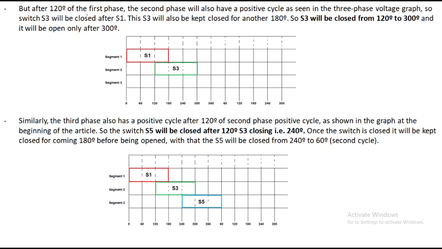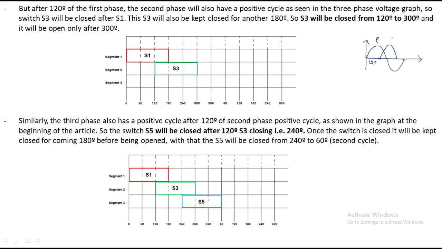Next, after 120 degrees of the first phase, the second phase will also be in the positive cycle. Generally, for a three-phase supply, if the R phase is going like this, the Y phase starts after 120 degrees only.